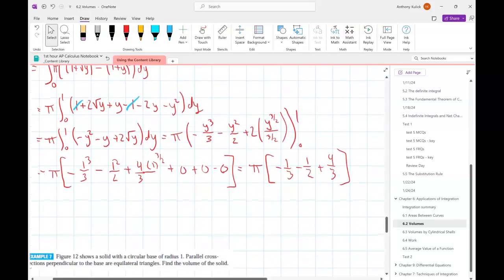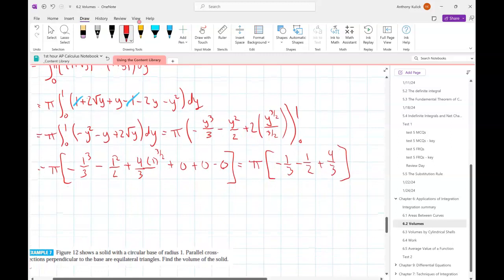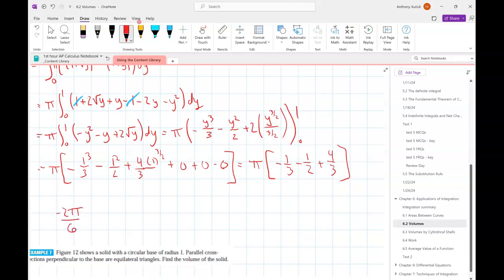If I make myself a common denominator, that would be negative 2 pi over 6, plus negative 3 pi over 6, plus 8 pi over 6. So I end up with 3 pi over 6 or pi over 2.